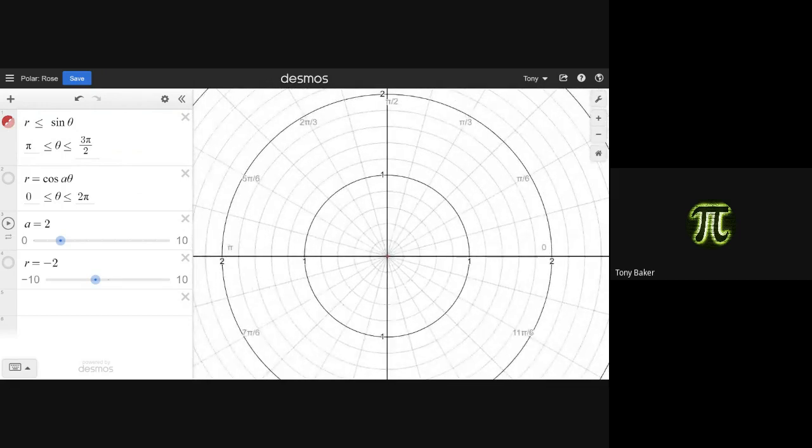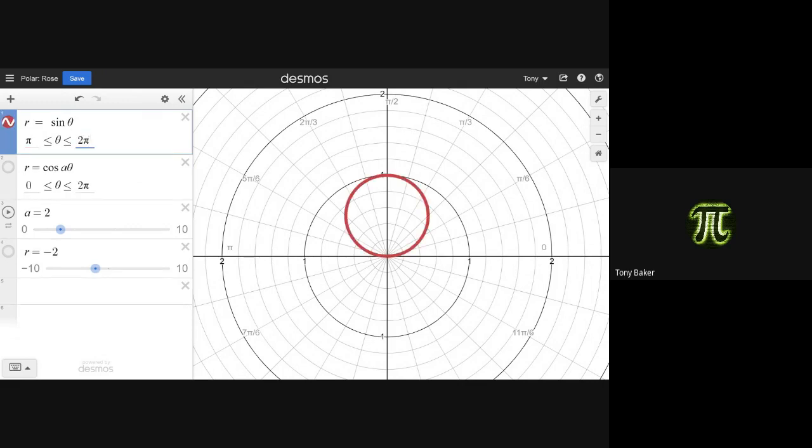Oh, pi. Hold on. There we go. Oh, it's still on there. It does stuff when it's less than or equal to it. It's really weird. So yeah, it's that side. And then if I did it to 2 pi, it's this full circle. So it's literally just looping around it. So, okay. All right.